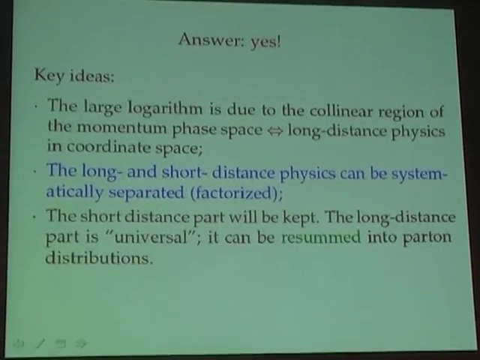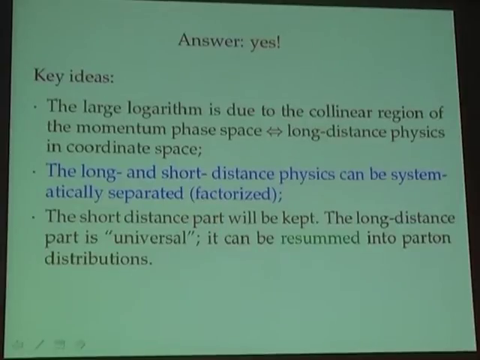You can separate them, and the short distance part we can keep. The long distance part turns out to be universal. And these universal factors, once you isolate them, are limited in number, and they can be determined, or they can be resummed into what will end up being just part of the distribution functions, which is finite in number, which you can determine phenomenologically. So that's the key idea. I will show you how that happens.